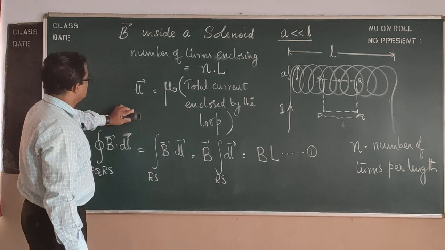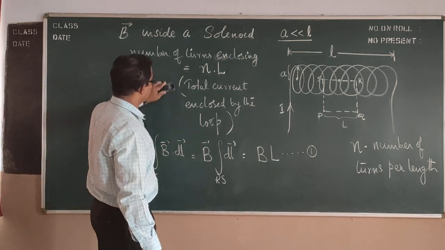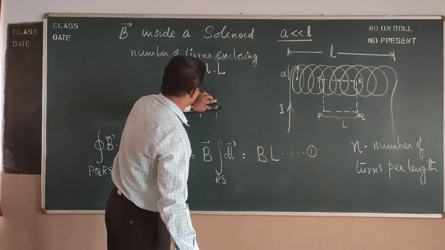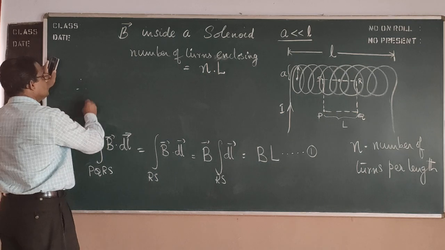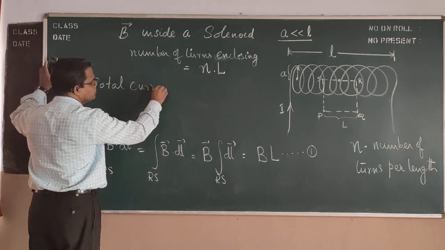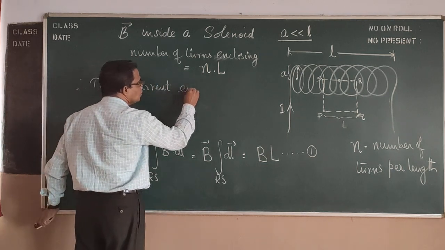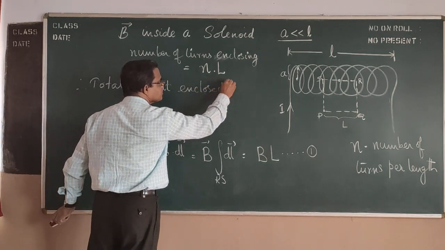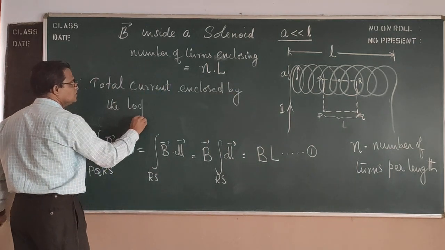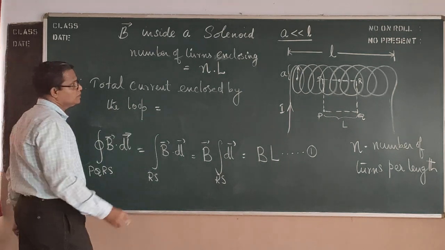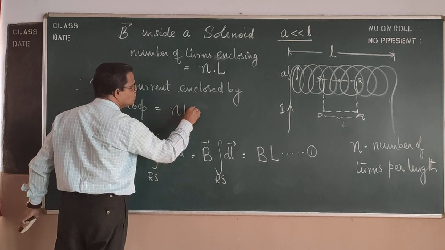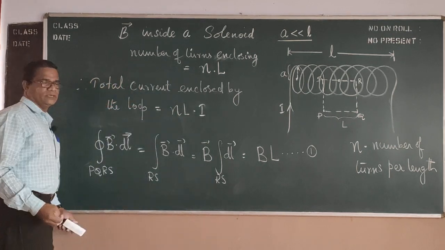Therefore, the total current enclosed by the loop will be equal to number of turns into the current I flowing through it.